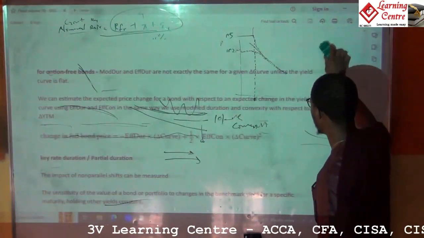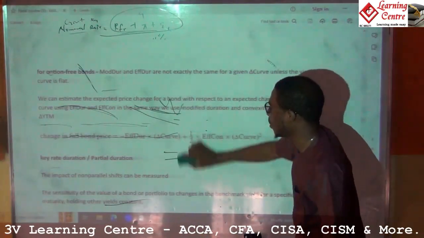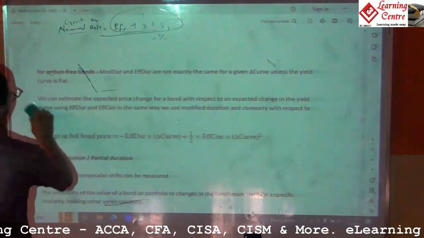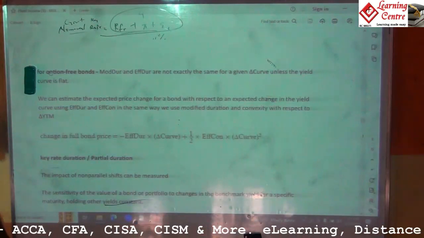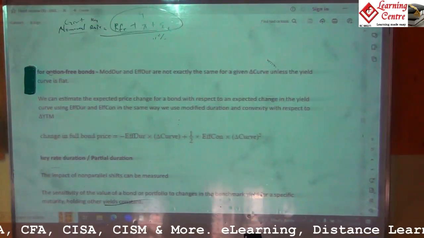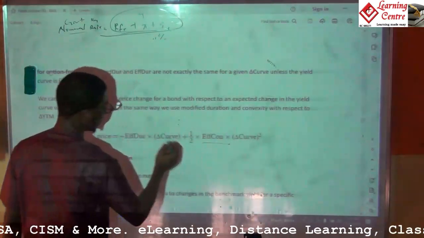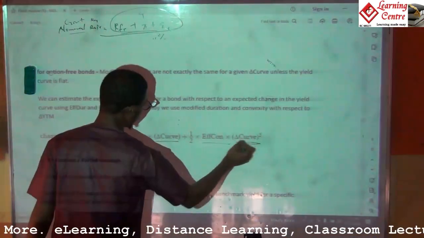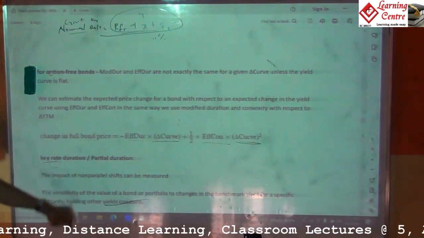If the question tells you that a bond has an embedded option, the formula you use should be this one, the one that has effective duration and effective convexity. Also, you should use the key rate duration of the benchmark curve.